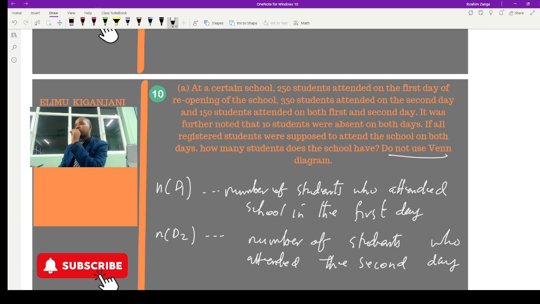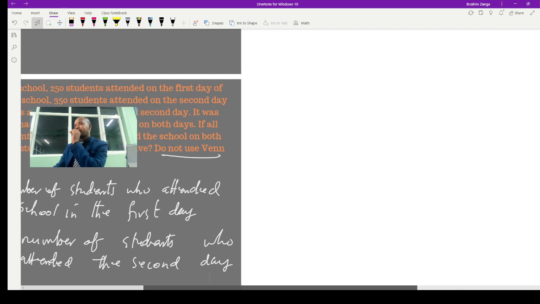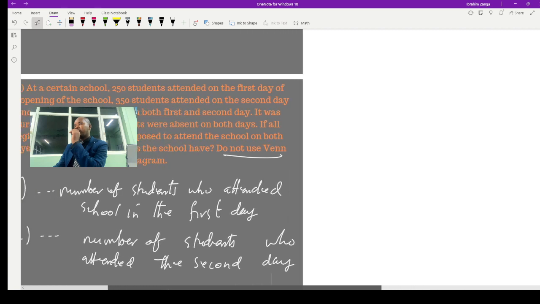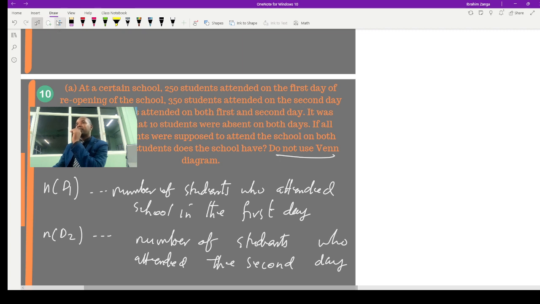So to be able to solve this question, dear students, we are not going to use a Venn diagram as directed, of course. We are going to use a formula. I'll be taking first of all the number of D1 union D2.